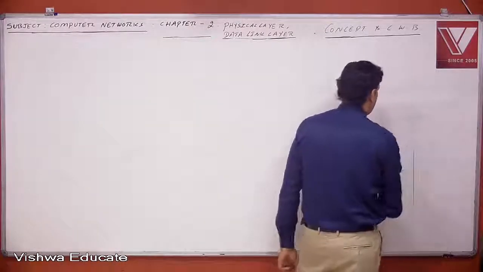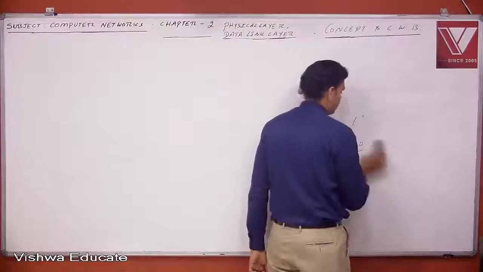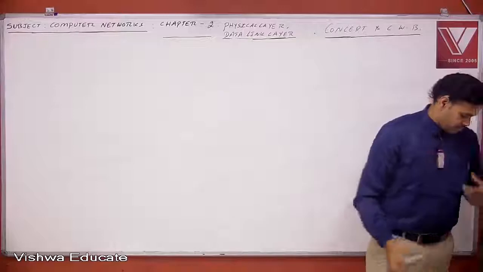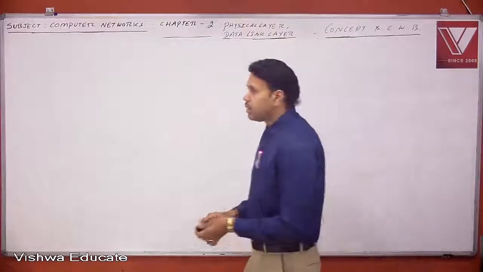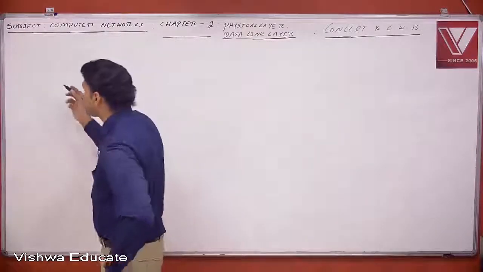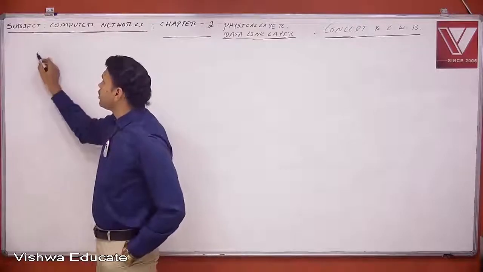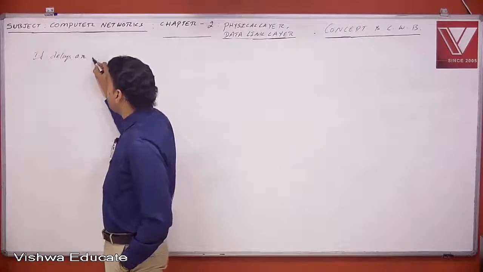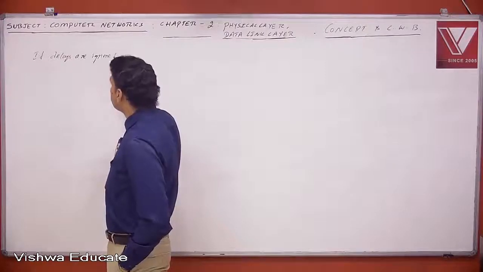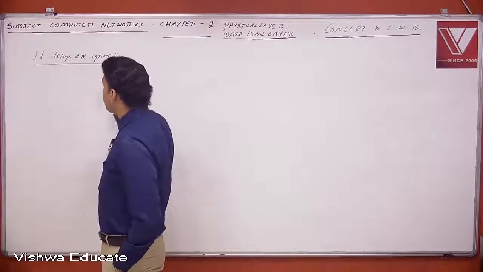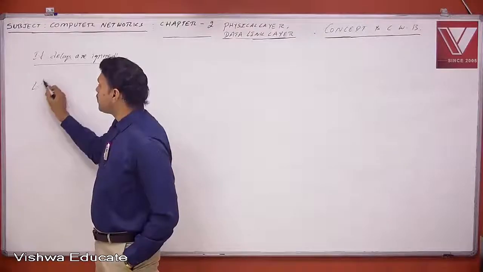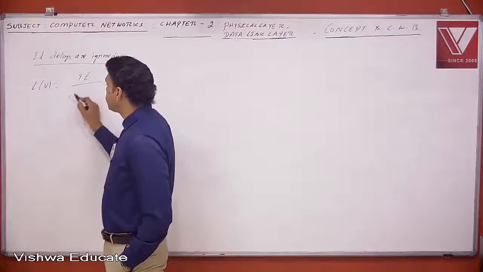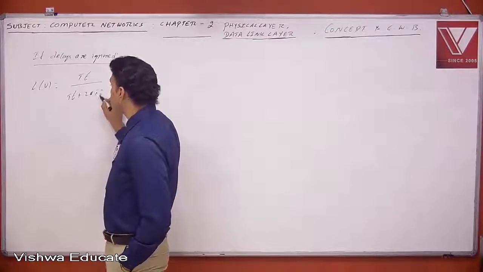But if delays are to be considered, then, if delays are ignored, we have written a formula or equation for link efficiency as Tt by Tt plus 2 into Tp.